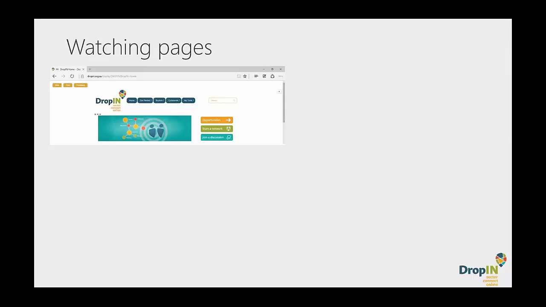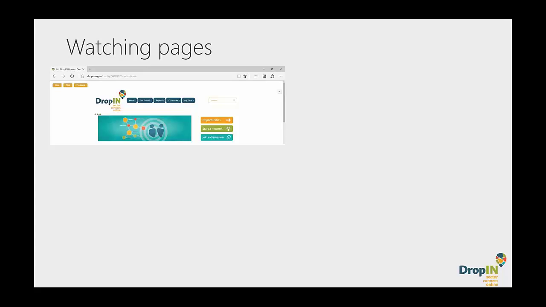Now, watching pages. Why is watching pages important? Because you don't want to have to go to Dropin every time and check if there's something new there, if you can get a notification every time something new is added. Maybe someone will add something every day, or every week, and you won't know how often someone wants to update it.